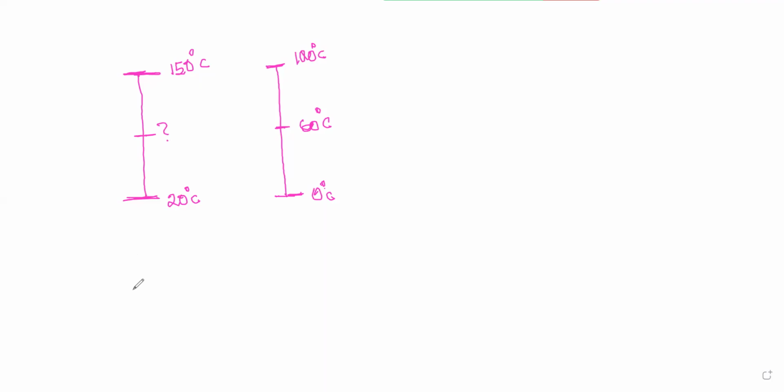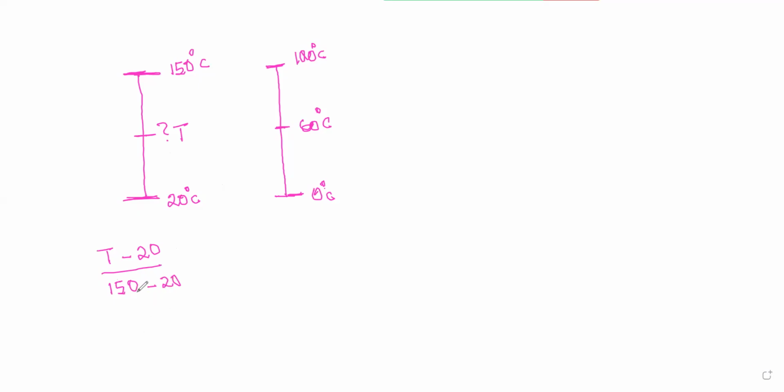That's the whole question. So just as we've been doing for any 2 thermometer scales, let's assume this is T minus the lower fixed point divided by upper fixed point minus the lower fixed point. It can also be the other way around.